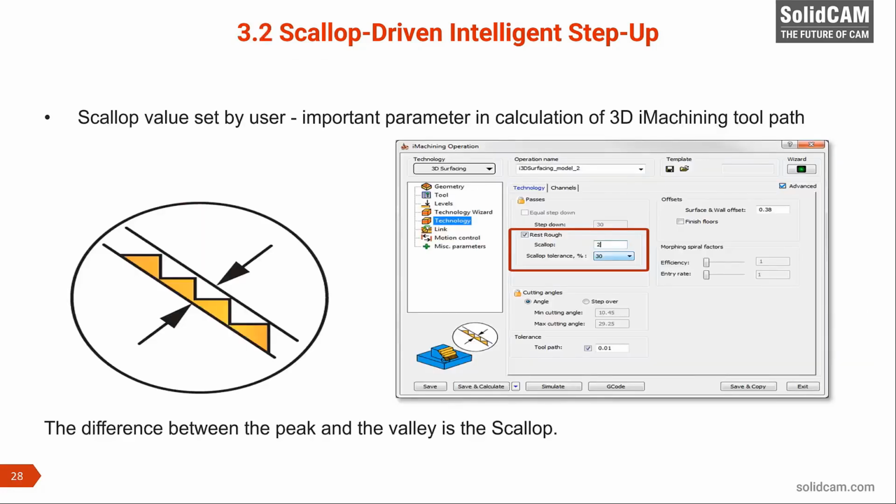This automatic scallop control basically obsoletes the need for a semi-finish cut with a ball nose tool to prep for the final finishing toolpaths. Depending on the model, this can result in dramatic overall process time savings in addition to the roughing cycle time savings.